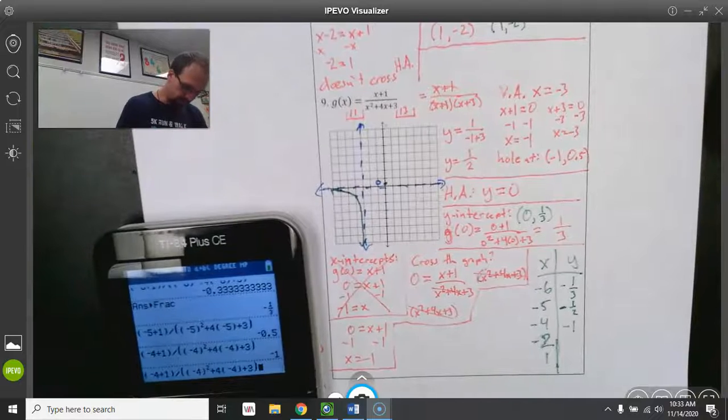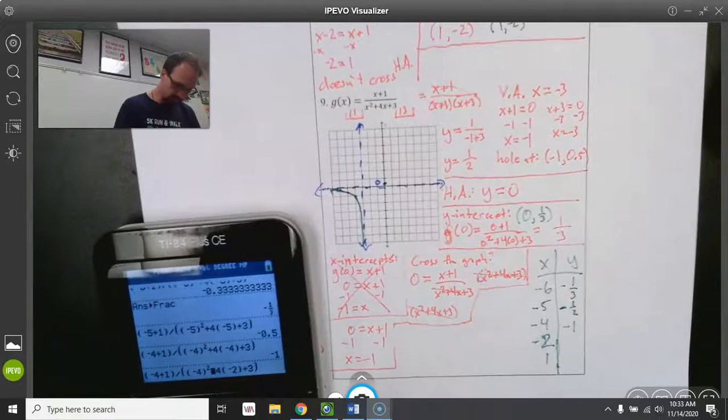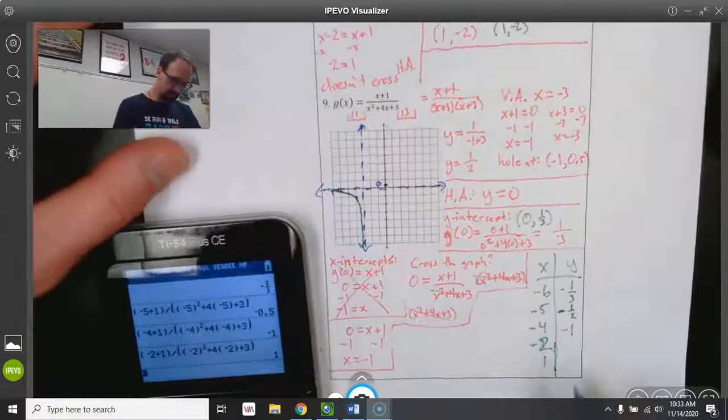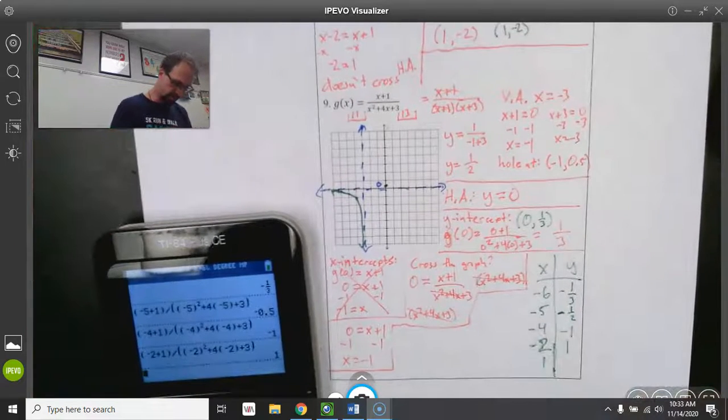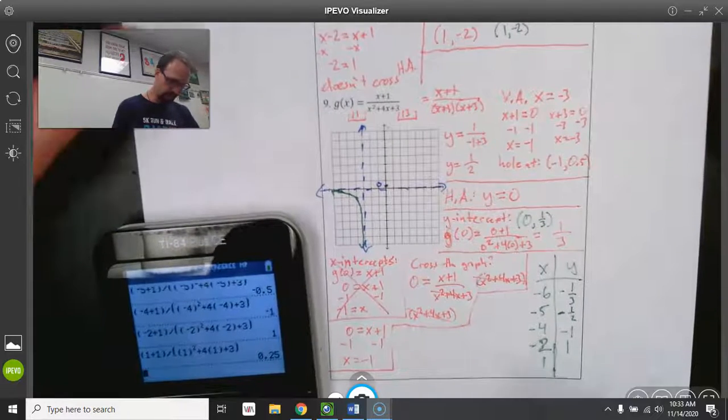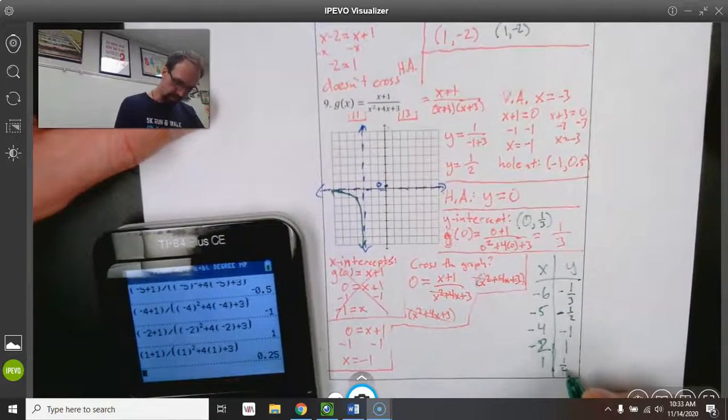Now for the other side, plugging in -2. That gives me a 1. And then plugging in a 1 gives me a 1/4.